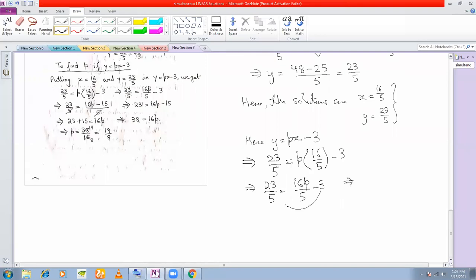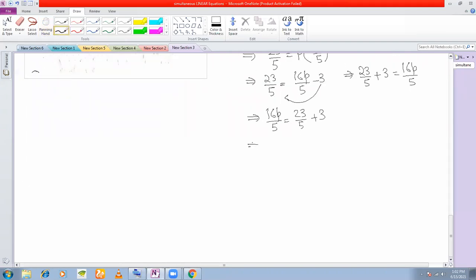Now you take 3 on this side. On the other side, you get 23 by 5 plus 3 is equal to 16p by 5. That means 16p by 5 is equal to 23 by 5 plus 3. That means 16p by 5 is equal to, take the LCM, 23 plus 15.